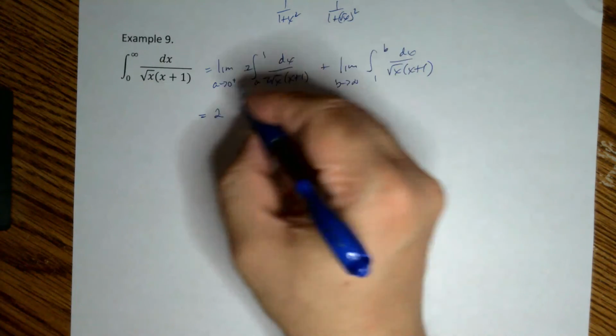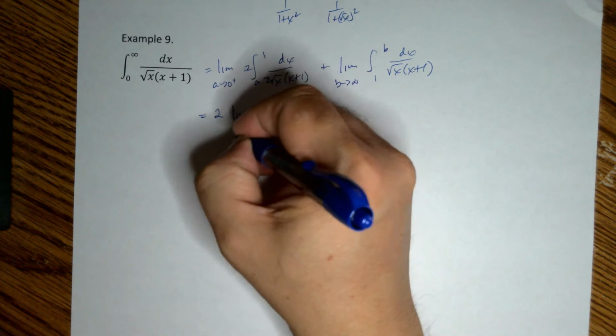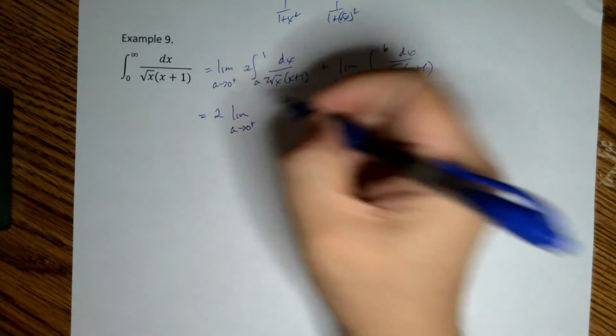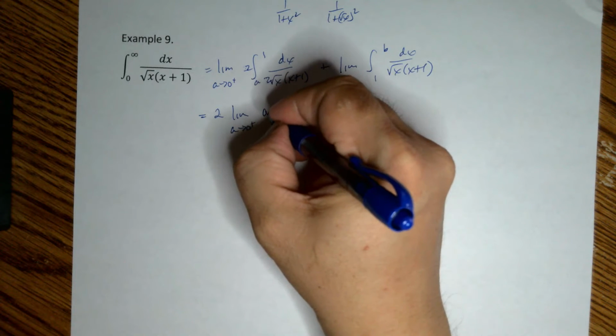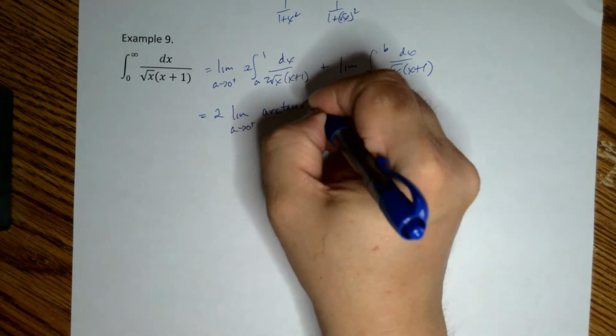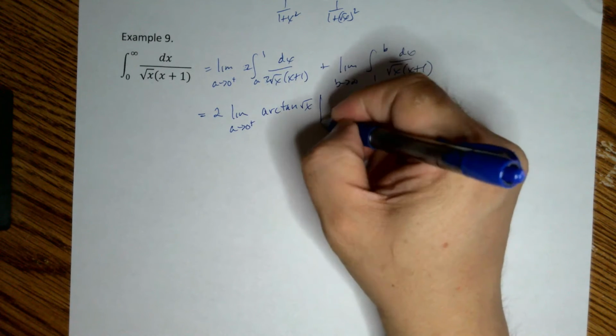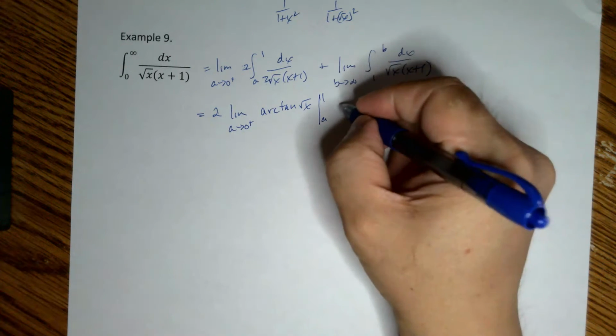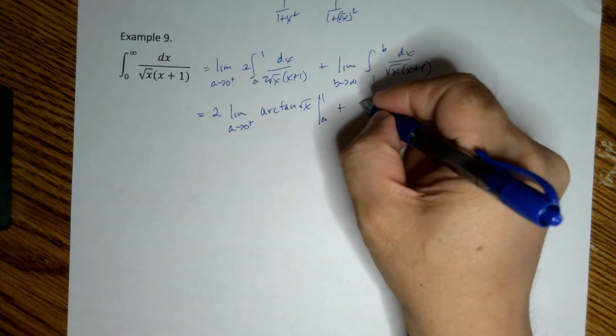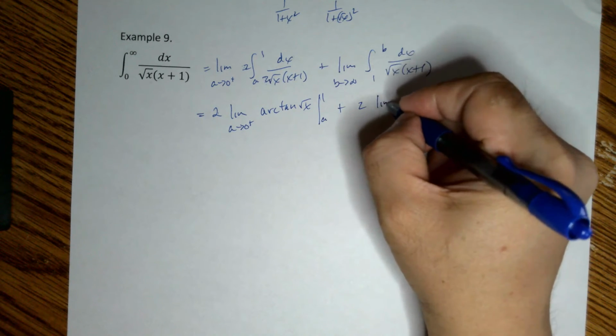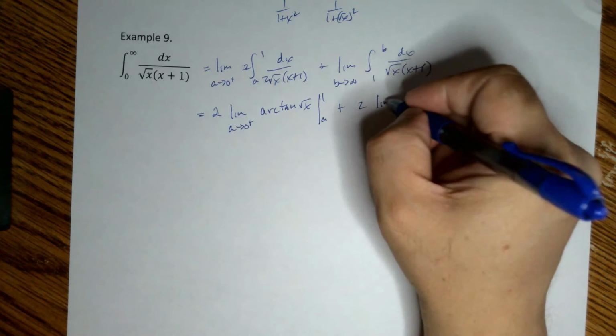Now we take the limit as a goes to 0 from the right. When we integrate, this is arctan of square root of x, taken from a to 1. Same thing here, so I need a 2. Take the limit. And remember, since it's a number, it can just float out.